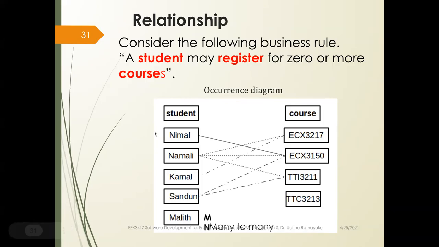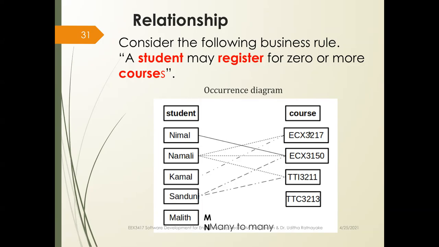Relationships. Consider the following business rule. A student may register for zero or more courses. Here we can call it an occurrence diagram. We can write some examples here and check what the relationship is. Now, for student, there are several student names; we can write just anything.